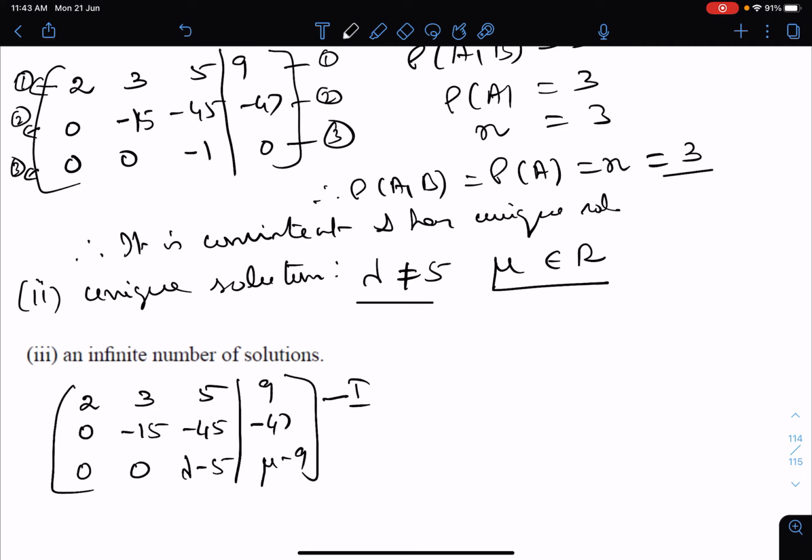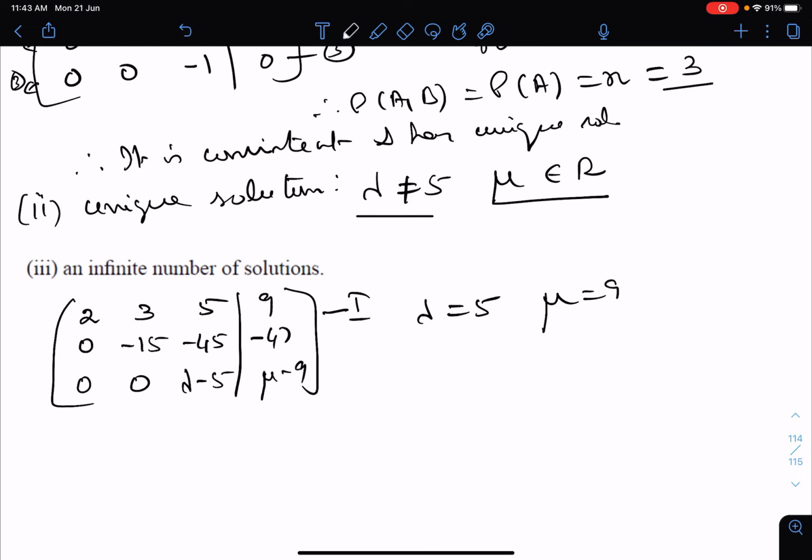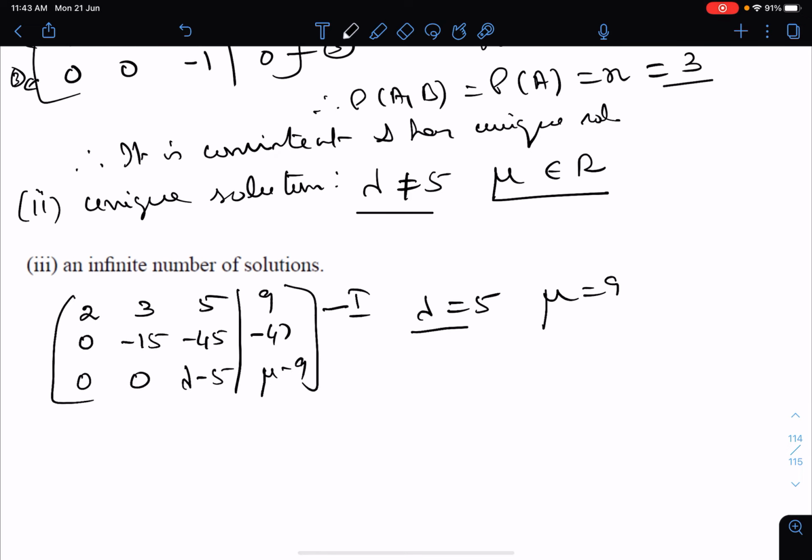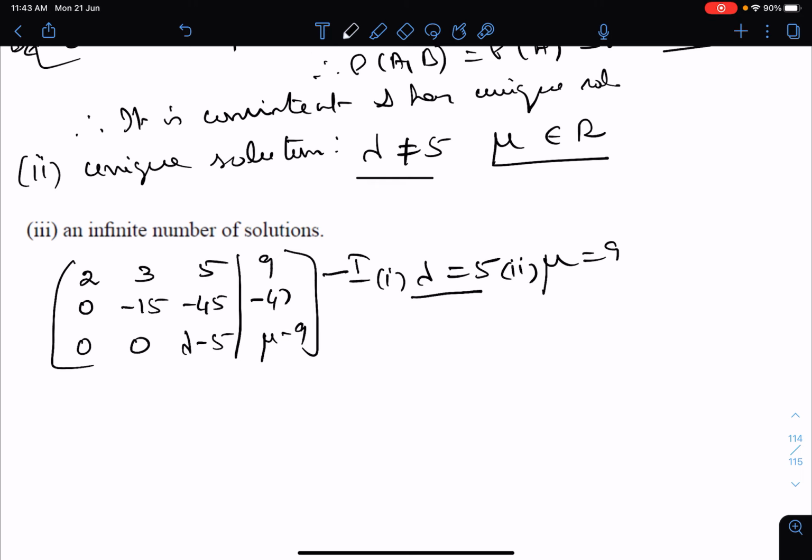It should be 2 or 1. To make it equal to 2, because lambda and mu are in the third row, we can make the third row equal to 0. For that, what are your values? Lambda equal to 5 and mu equal to 9, and automatically it becomes 0. These are the two values we take to make it 0.